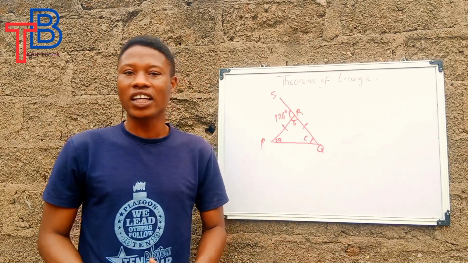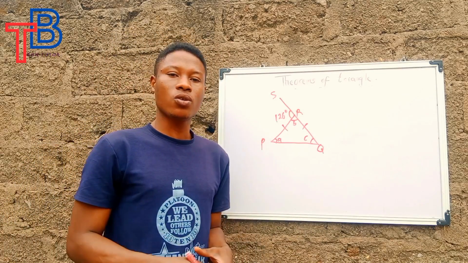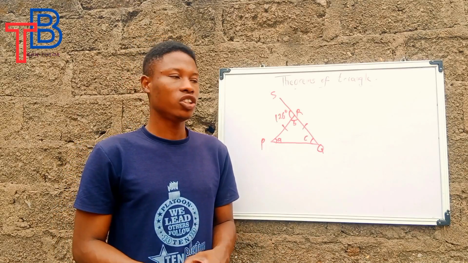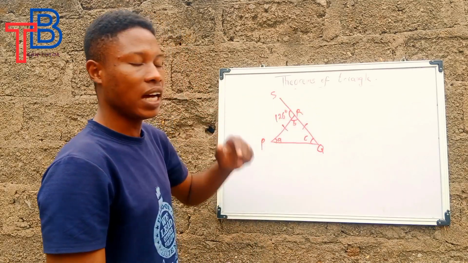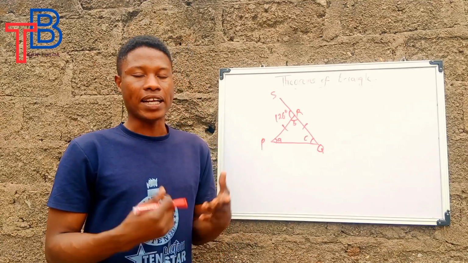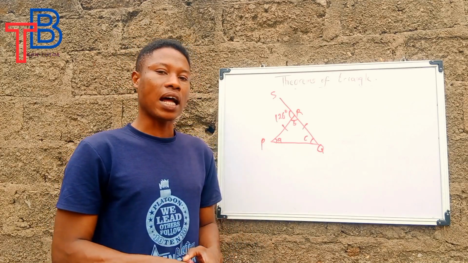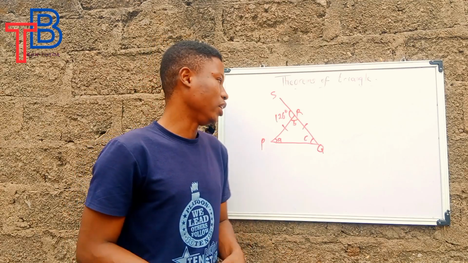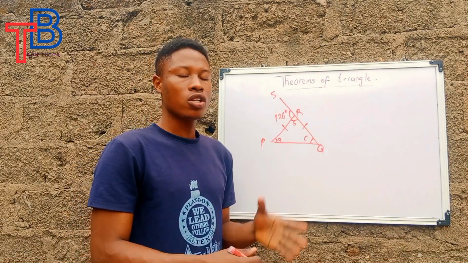If you can recall, during our junior mathematics, there is also a theorem for what we call an isosceles triangle, because this is an isosceles triangle. An isosceles triangle is a kind of triangle that has two of its sides equal, and it means these sides are equal to this side.